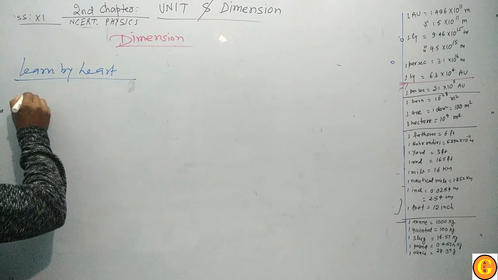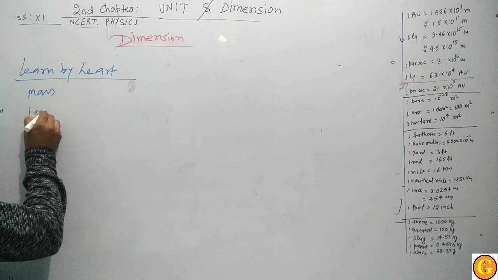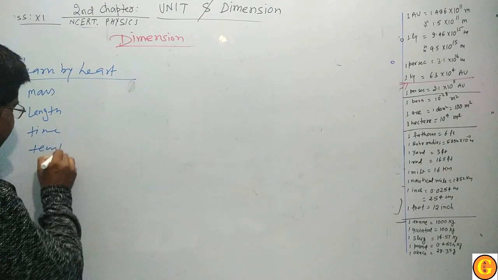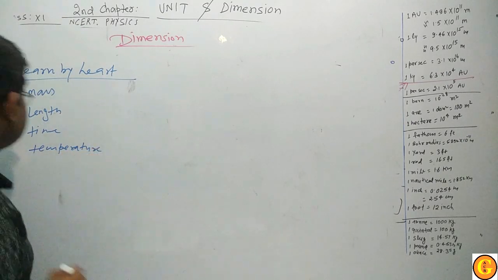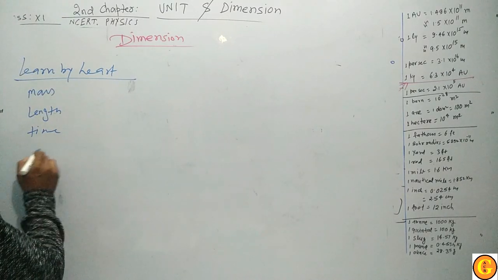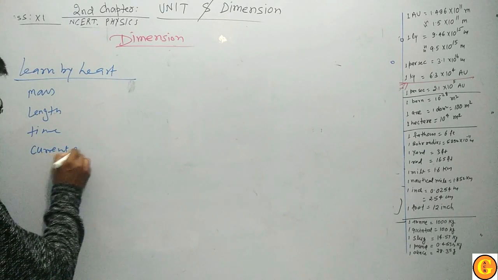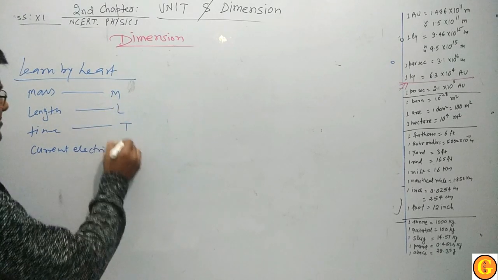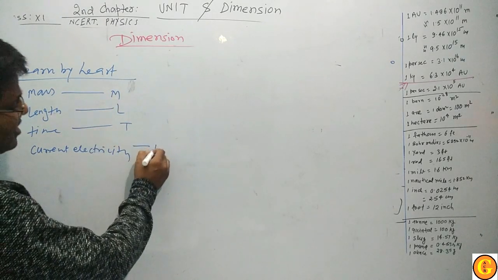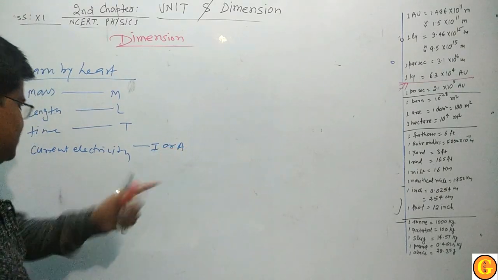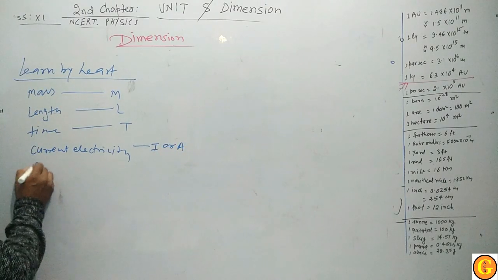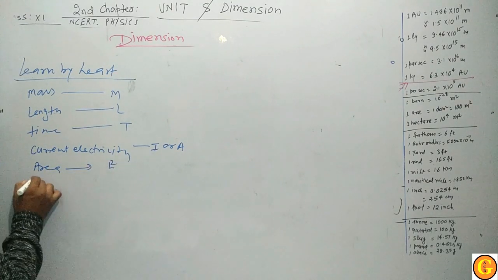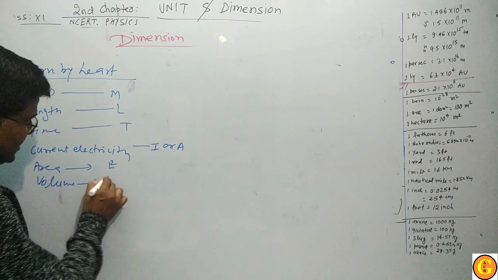First of all, mass, length, time, temperature. Actually mass, length and time, and the other is current electricity. Mass is M, length is L, time is T, current is I or A, both are used. Then area, A square, the dimension of area is L square, and volume is L cube.